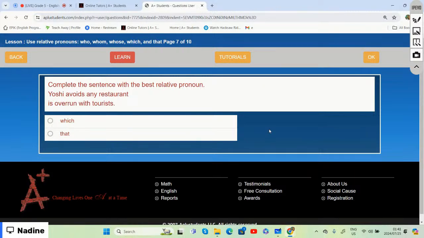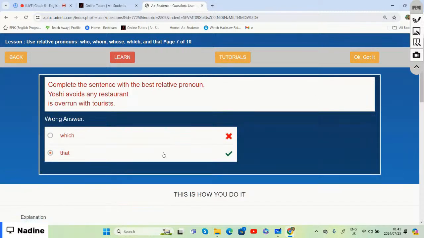So Yoshi avoids any restaurants. We don't say which is overrun with tourists, but we say that is overrun with tourists. So that was our correct answer.